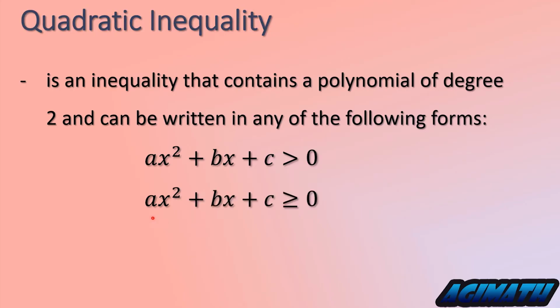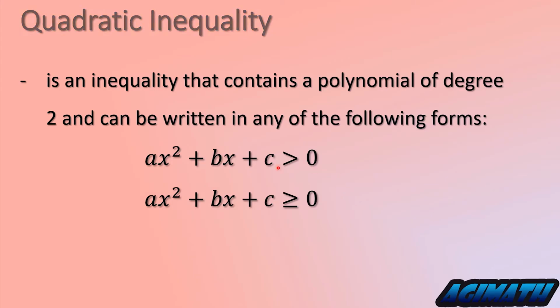We also have ax squared plus bx plus c is greater than or equal to 0. The difference between the two inequalities lies on this sign. So this one is purely greater than, so this is absolute inequality, and then we have greater than or equal to.